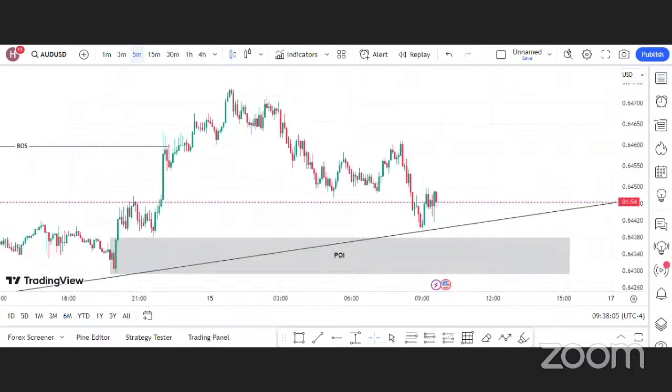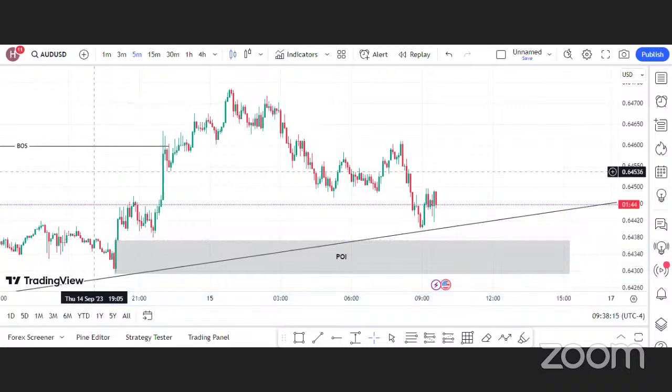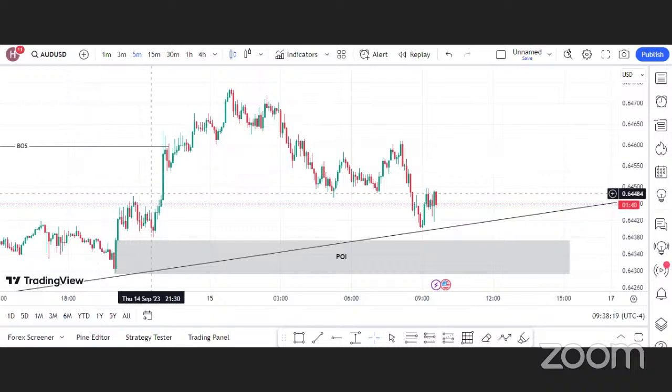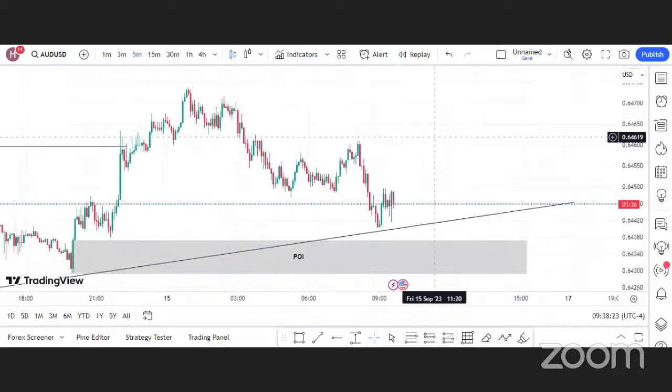Since my analysis was made on the 15-minute time frame, it would be wise to take your entry from the lower time frame. So this is the 5-minute time frame.